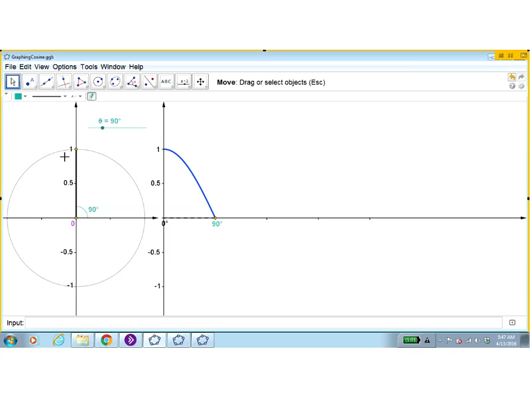Let's keep going. Well, actually, before I keep going, what should you expect to see with the x value? As this angle opens further and further, think about what the x value is going to do. Is it going to be decreasing still, or is it going to start to increase again?